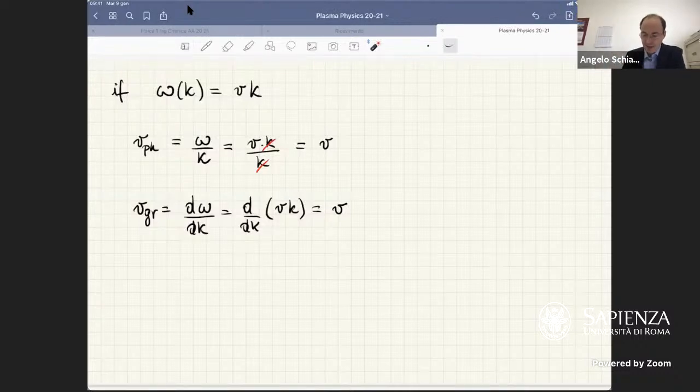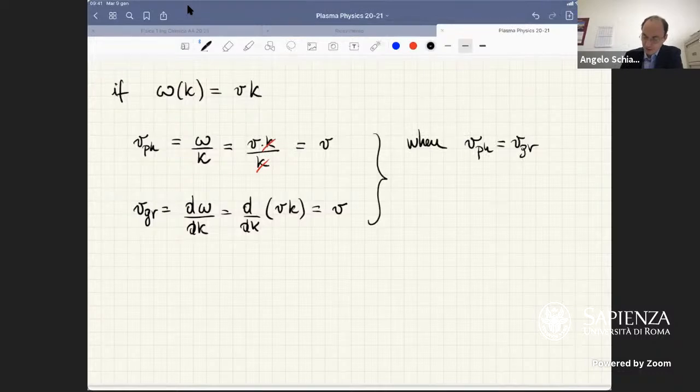And what we found here is that v is the speed at which the phase is changing in time as well. So in this case, we say that this is a non-dispersive medium. When v phase equals v group, then the medium is non-dispersive.